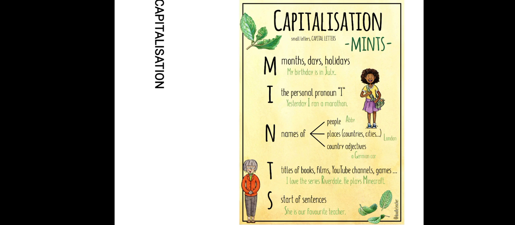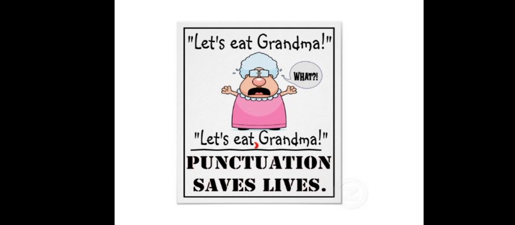Titles of books, Harry Potter, Minecraft, YouTube channels, VJ Voice. In start of sentences, any sentence begins with a capital letter. You can blindly write that. So capitalization is also a part of punctuation. And that's all about punctuation and capitalization.